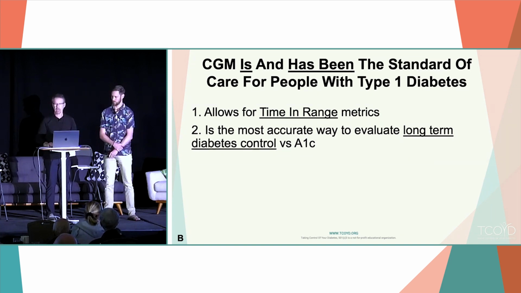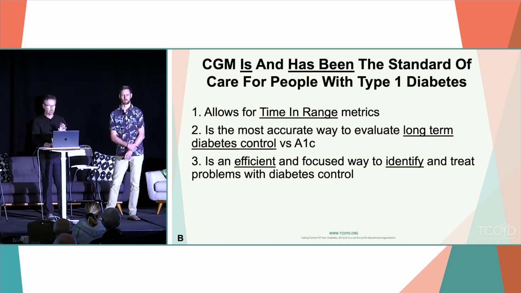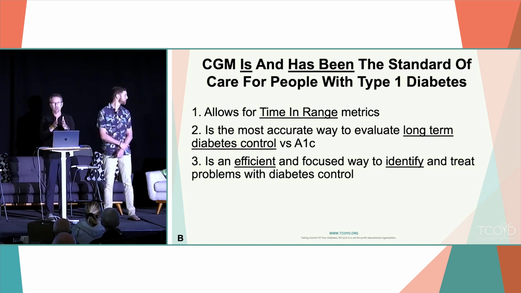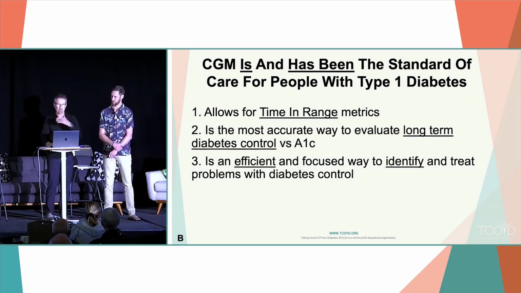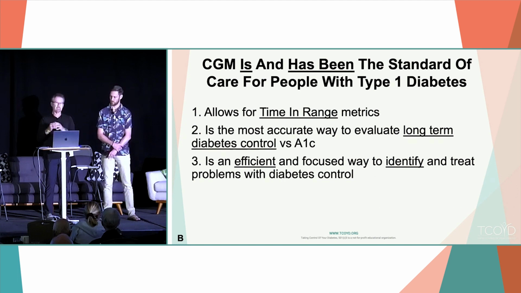A lot more accurate than the A1C that we get our blood drawn for, that we've used for the past 20 or so years. It's a very efficient way to hone in on the most important issue that's causing your diabetes to not be well controlled. We talk to physicians all the time, and it's the same language that Schaefer and I are speaking to all of you.